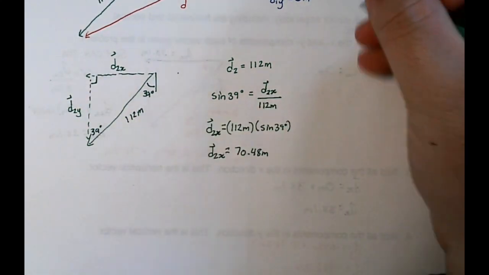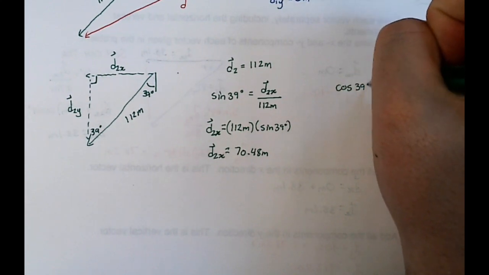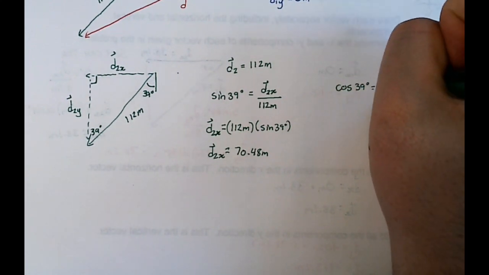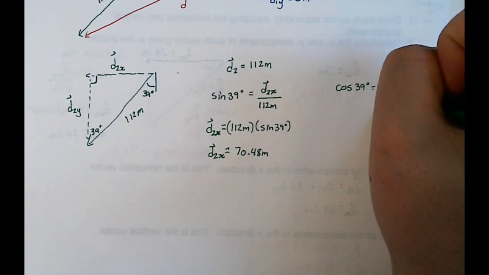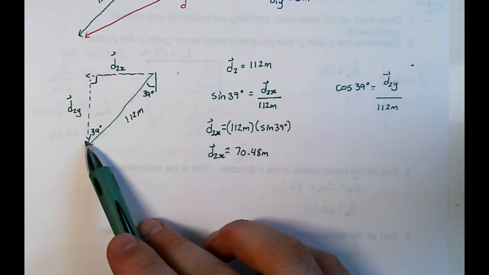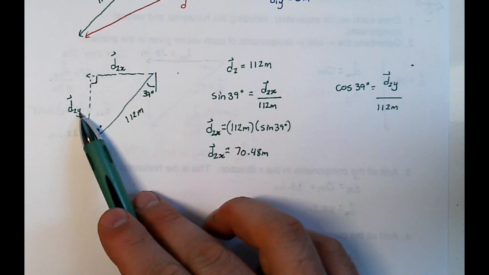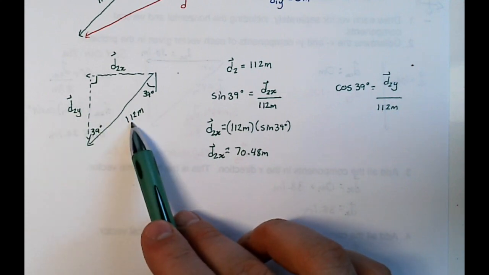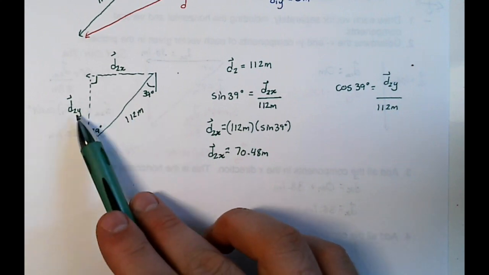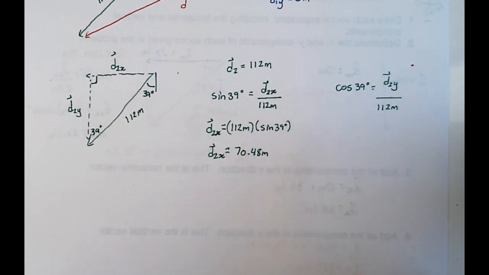We can do the same thing now for our y component. The cosine of 39 degrees is equal to displacement 2 in the y direction divided by 112 meters. Again, the reason we do that is because for cosine we want to solve for the adjacent, and we're given the hypotenuse. Cosine is adjacent over hypotenuse.